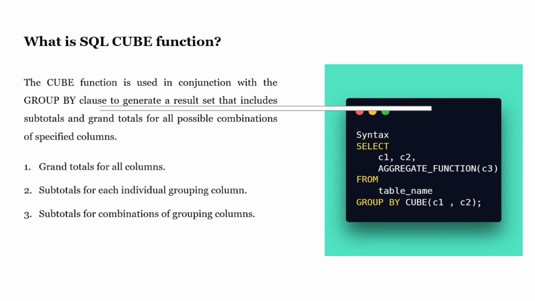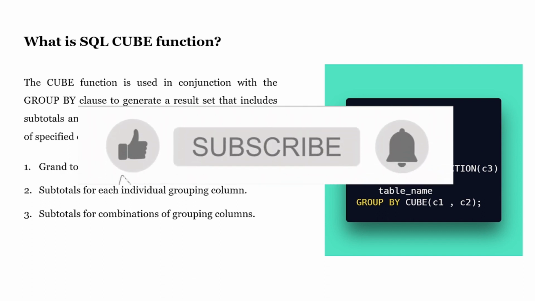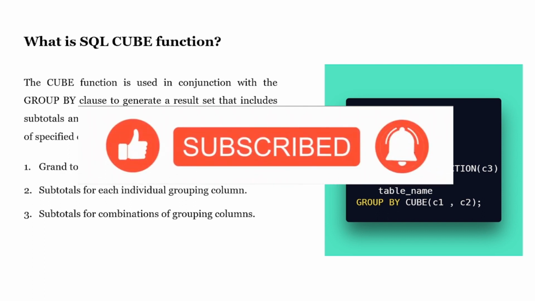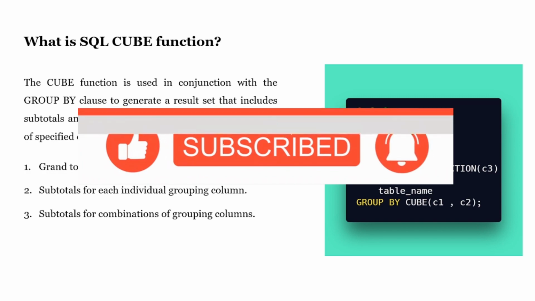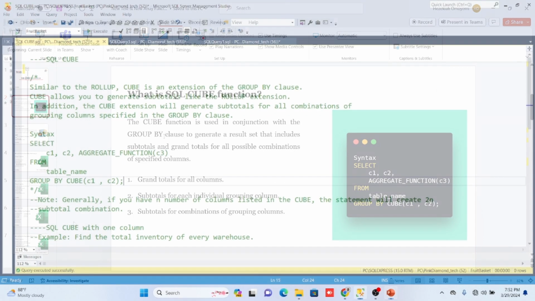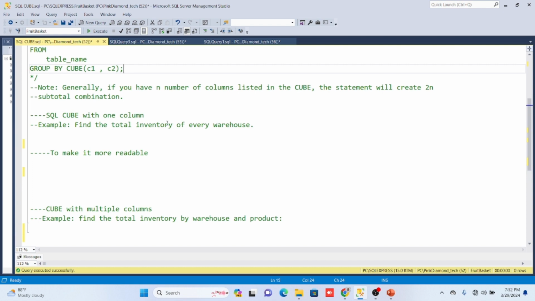Without further ado, let us go straight and demonstrate how to use the SQL CUBE function in a real life scenario. We are going to be applying this CUBE function to one column. For instance, we want to find the total inventory of every warehouse.